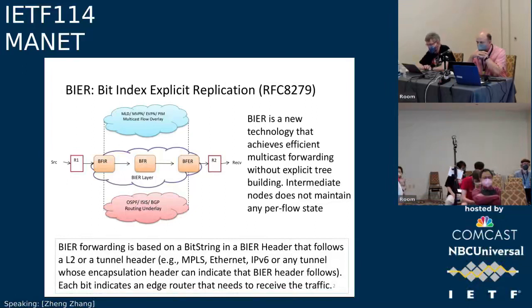Each bit in the bit string indicates an edge router that needs to receive the traffic. The BEER architecture is defined in RFC 8279, and the BEER header is defined in RFC 8296 and draft-ietf-beer-encapsulation. Next, please.